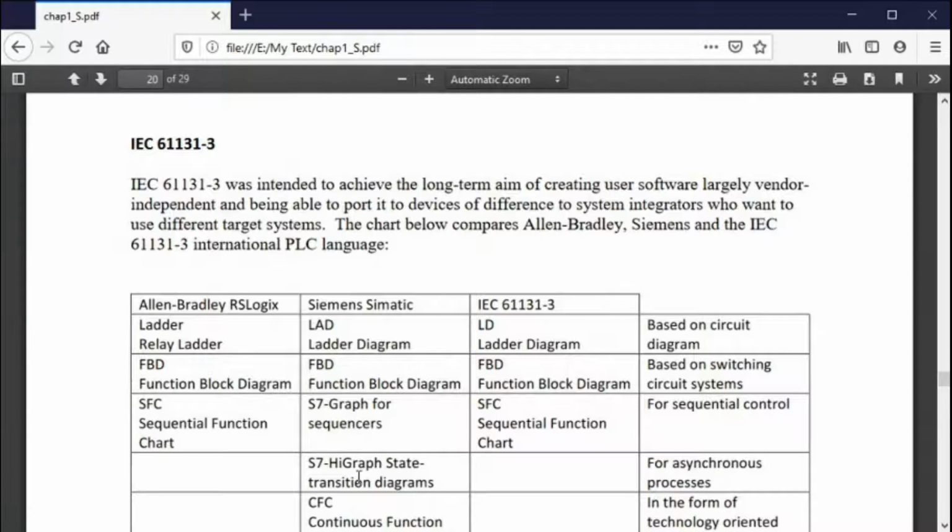Now, if you've opted for the Codesys system for doing your simulations with the Raspberry Pi, and I'm not against it, you're going to find a friend here. This IEC 61131-3 is the language that kind of says they all look the same.